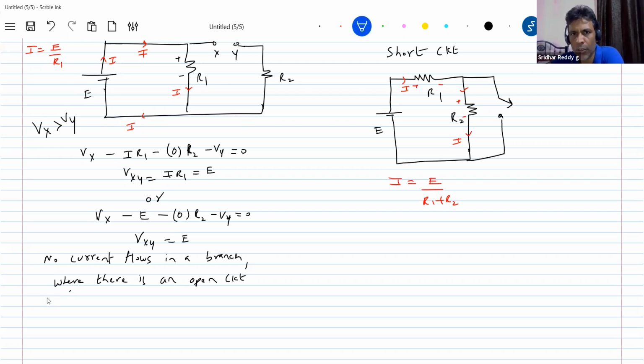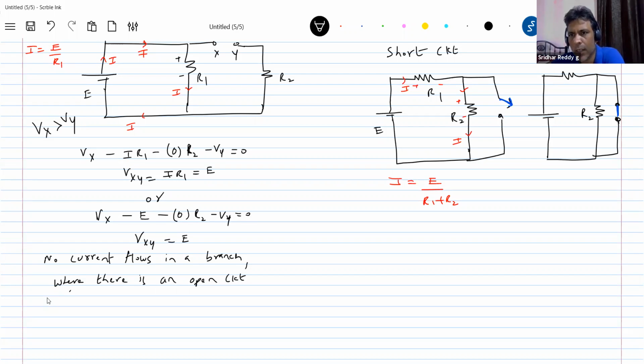Now I'll short circuit the second resistor. This is a wire, it's just one simple wire. What will happen to the current in the circuit?